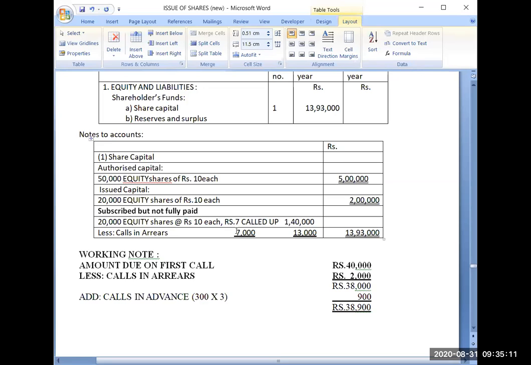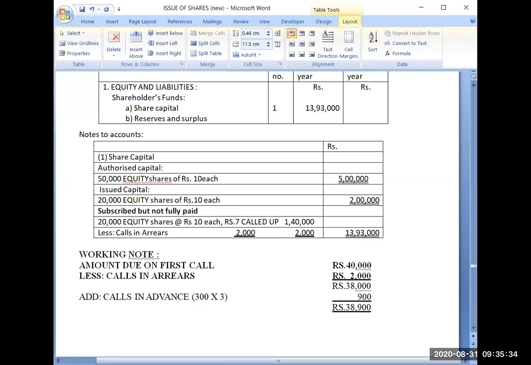Less calls in arrears. Calls in arrears is 2,000 only. That will be deducted from here. See, I am subtracting calls in arrears.